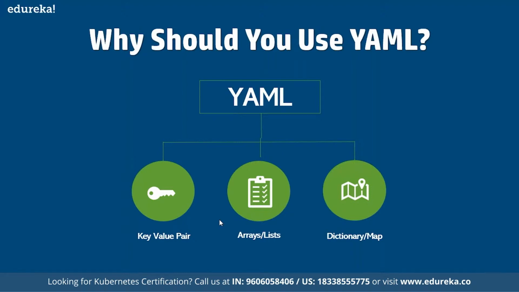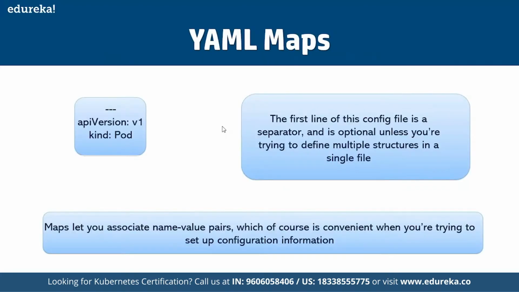Basically it is used to define multiple structures. If you want to write multiple YAML structures in a single file, you can write them by separating them with 3 dashes. For example, let us say I want to write the first YAML file with 3 dashes. This YAML file starts with company, colon, Edureka.